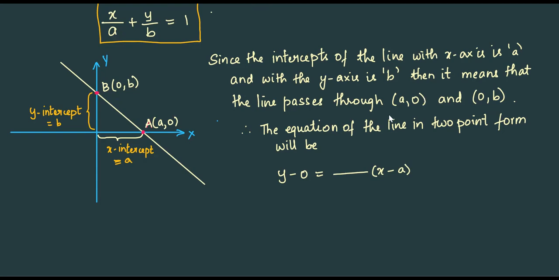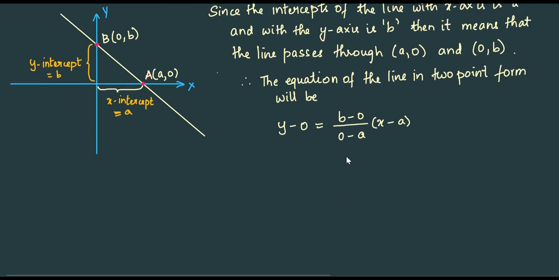So y2 minus y1, b minus 0, by x2 minus x1, 0 minus a. The order is very important.